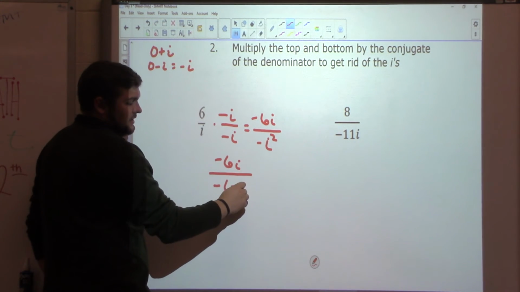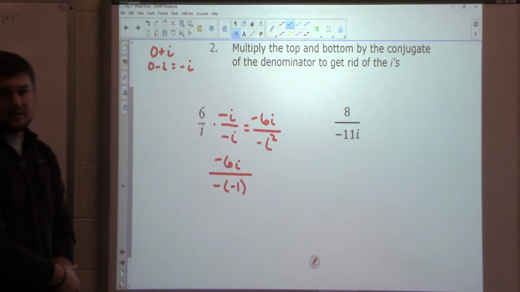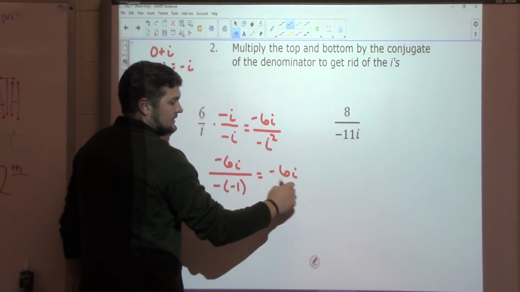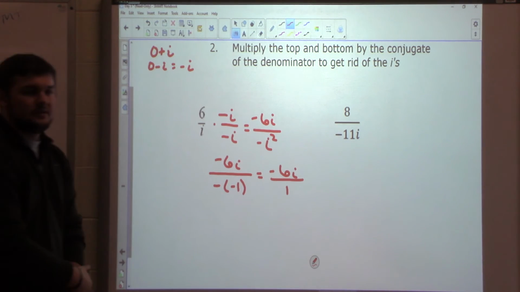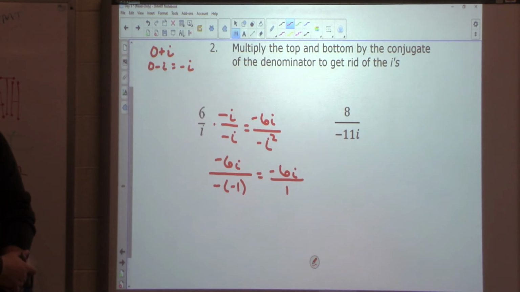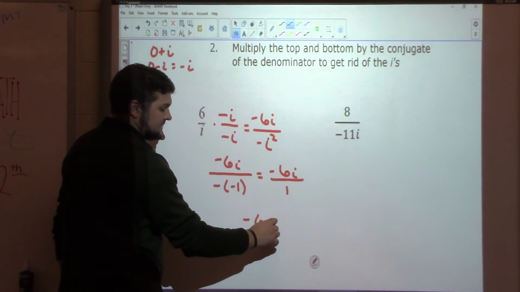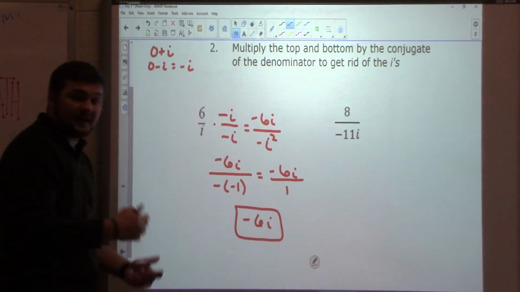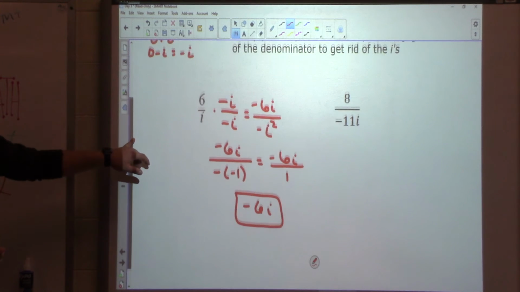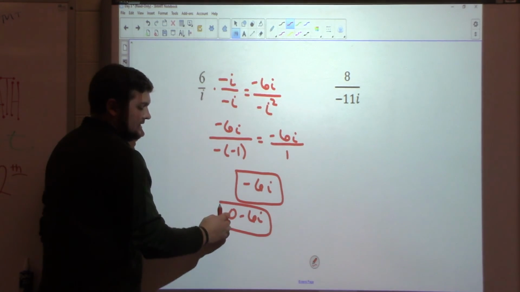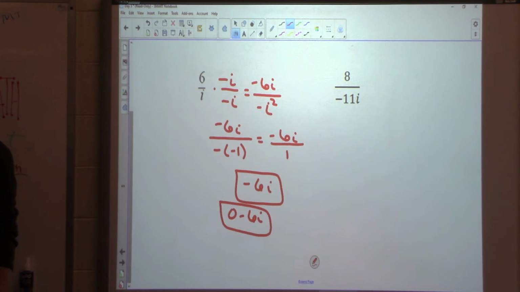Negative 6I over minus negative 1, or negative negative 1, turns into negative 6I over 1. Could you leave your answer like that? Yeah, I'm okay with that. That's fine with me. Now, a better answer would be just negative 6I. Like I said, technically it should be simplified. If you also wrote 0 minus 6i, that would be acceptable as well, because that's just putting a real part out in front.